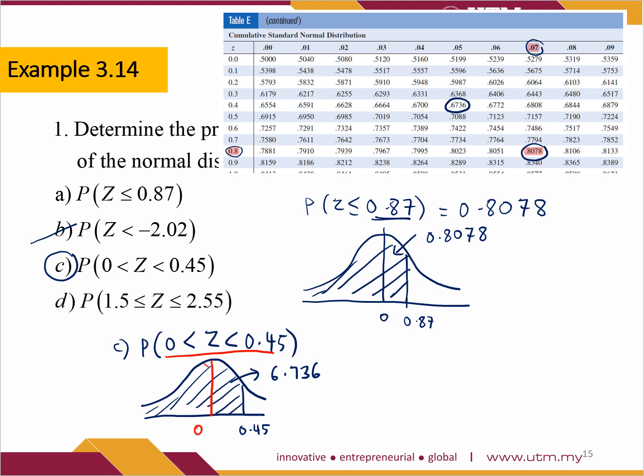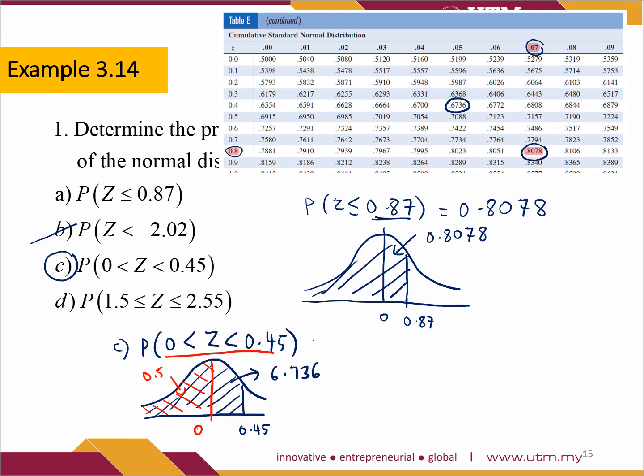So we have to remove all the area on the left side of 0, meaning that half of this normal graph is equal to 0.5.